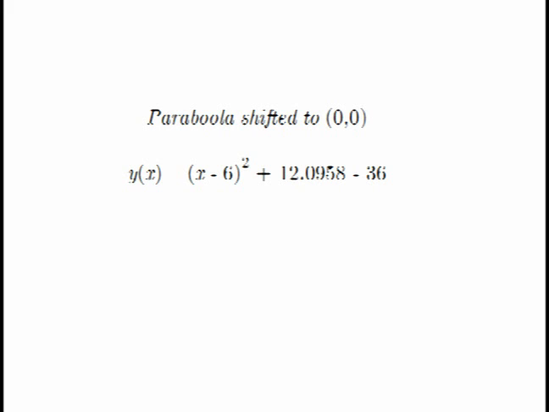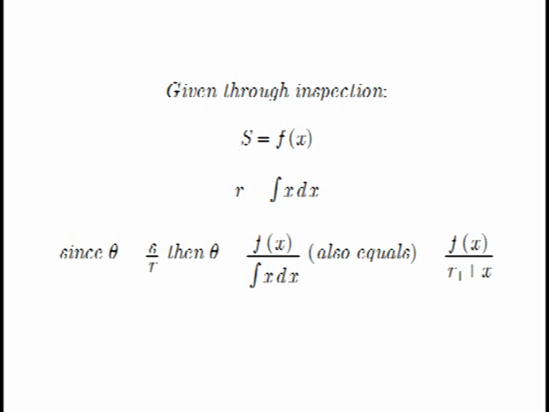Okay, and now for this inspection of this parabola, how are we going to get a logarithmic spiral? So we make some inspections: s is equal to f of x, r is equal to the summation of x, and pi is equal to s over r, and we're filling in these values.